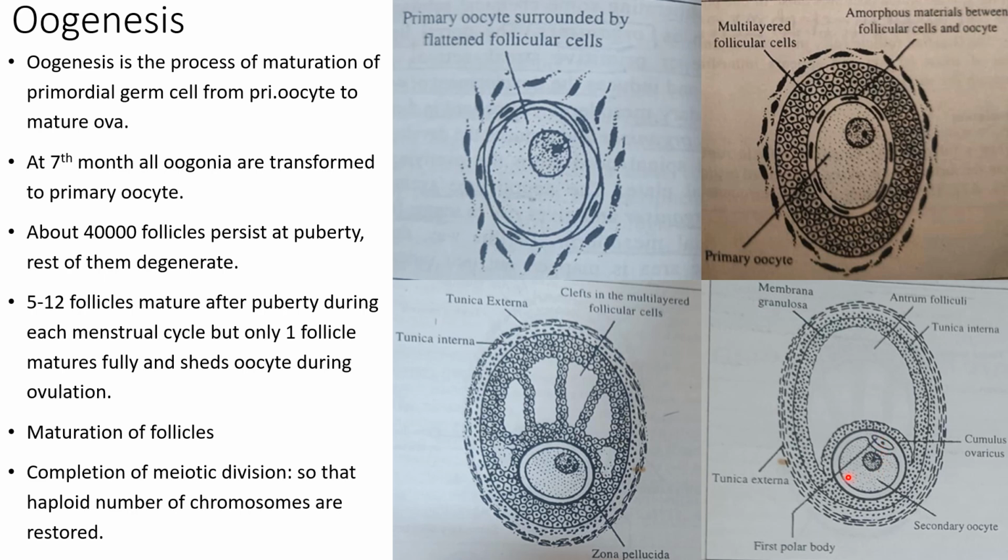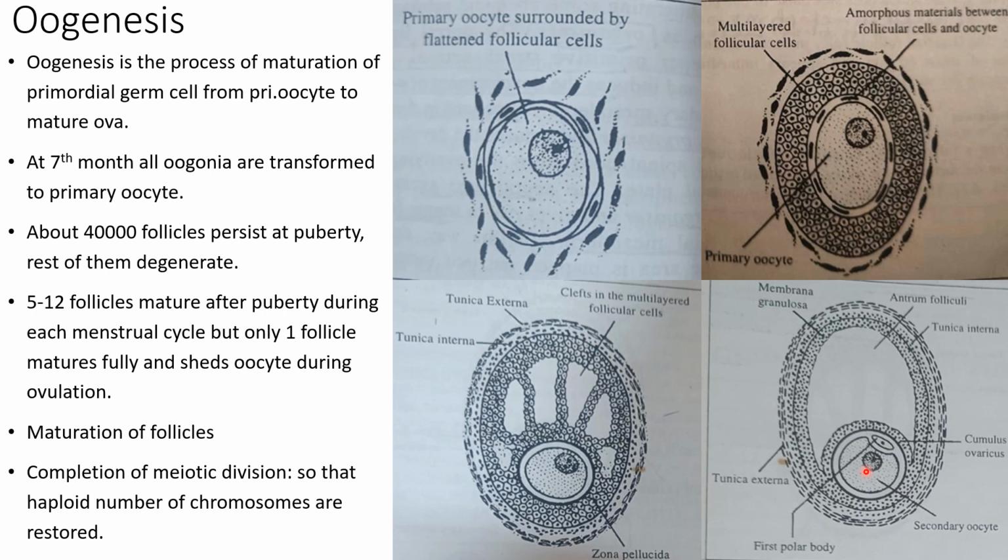Now, after ovulation, within 24 hours, if fertilization occurs, then the secondary oocyte will complete its second meiotic division. Okay, what happens during ovulation? The secondary oocyte is shed by the rupture of Graafian follicle, and this secondary oocyte is arrested in the metaphase of second meiotic division.